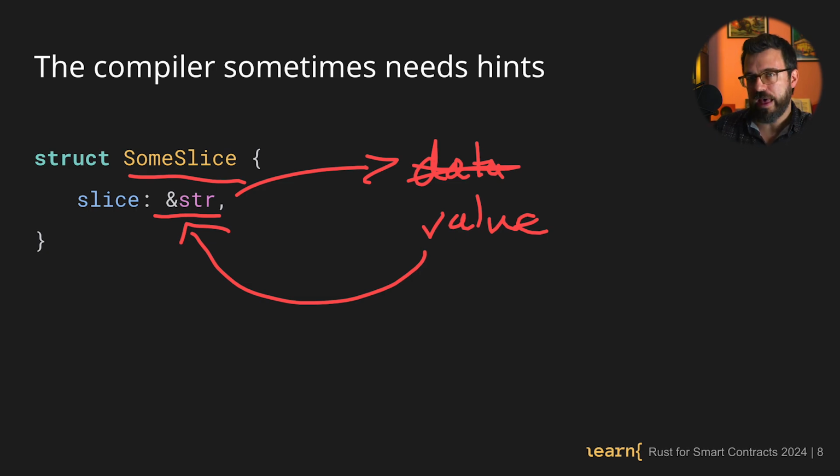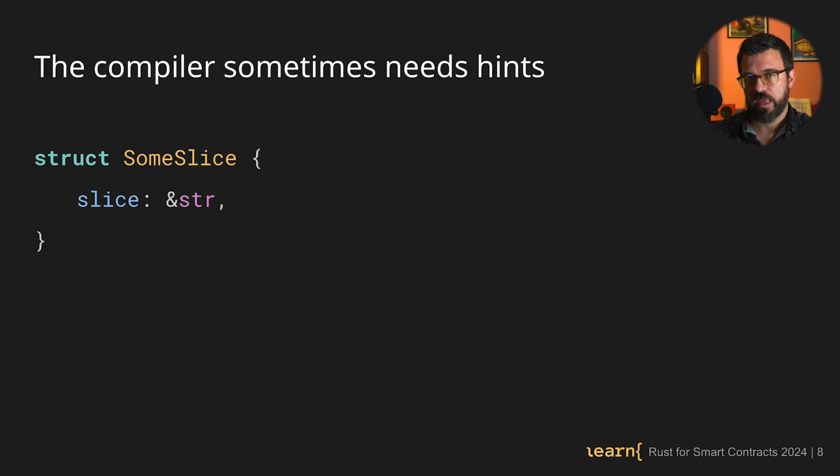And then the value is going to go bad. The reference is going to go out of scope. It's going to become invalid while some slice is still around. And we don't want that. We want this reference, if it goes invalid, then the struct needs to also be invalid.